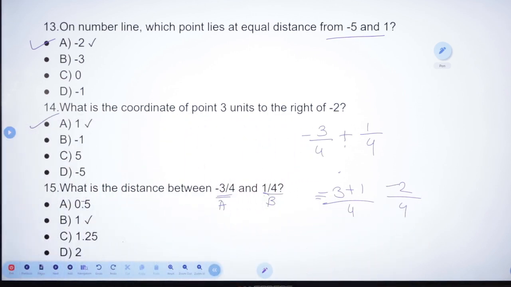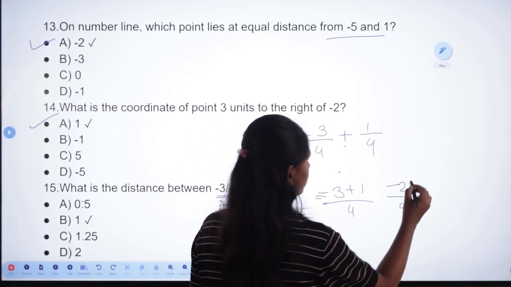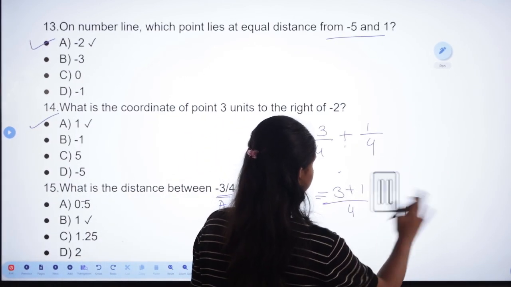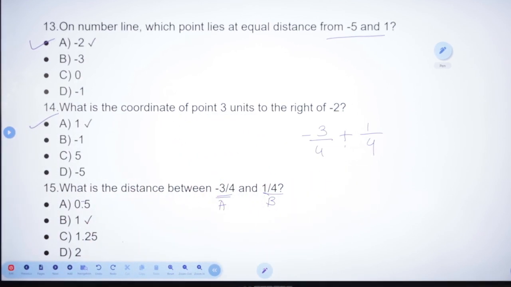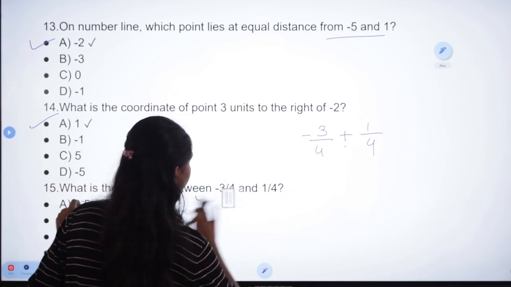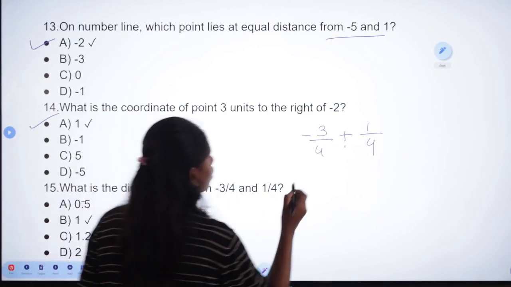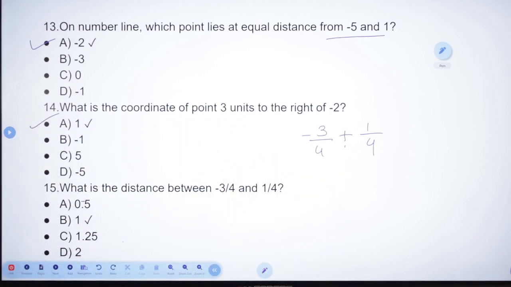Okay, -2. Now you have to do the trick. Okay, you have to solve this.